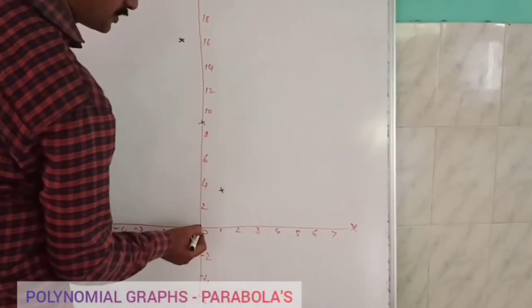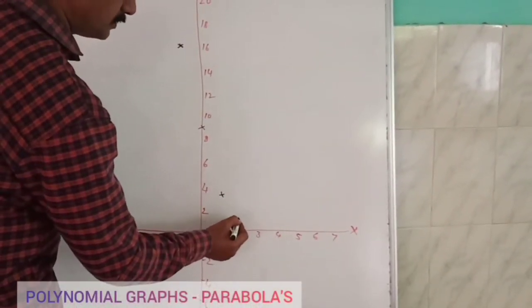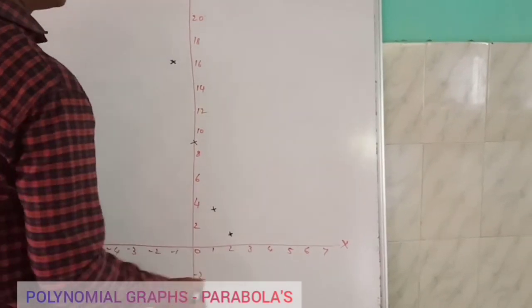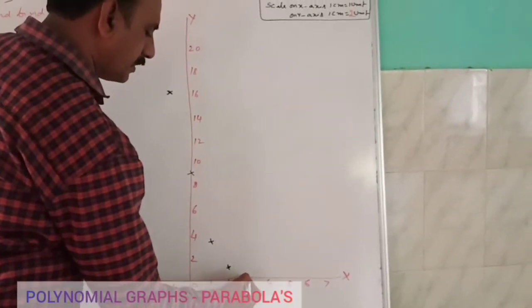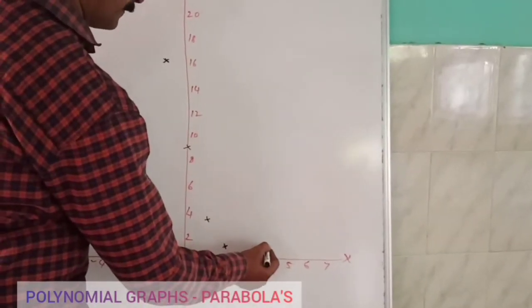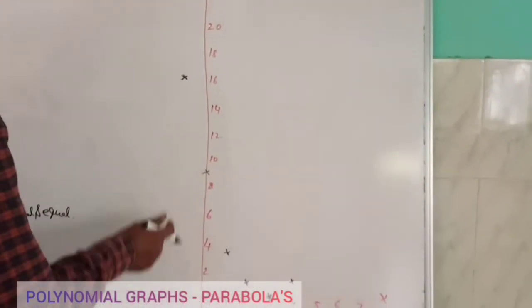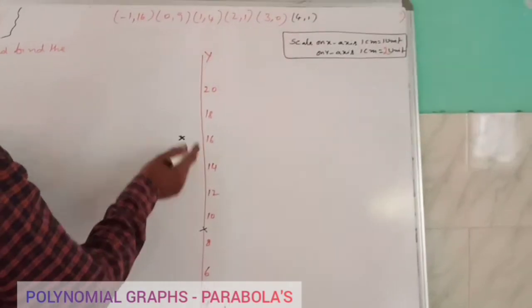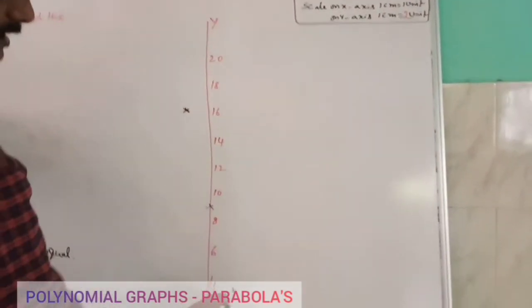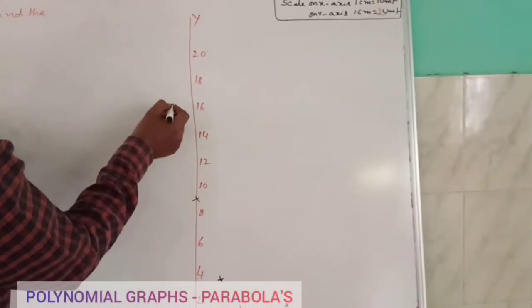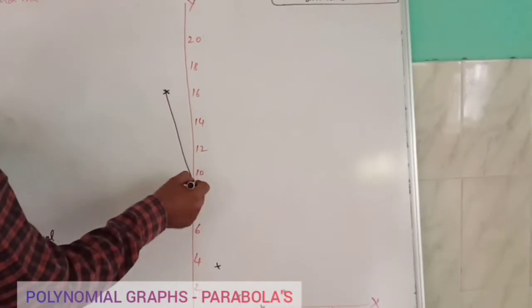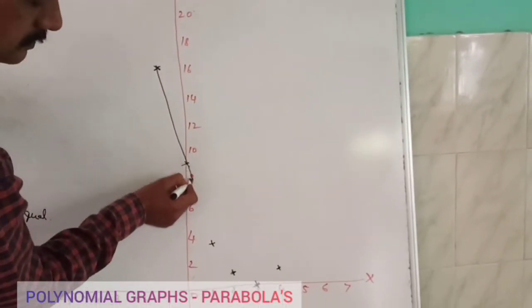Next 2 comma 1. Next 3 comma 0. Next 4 comma 1. These points are plotted on the graph sheet and joined with a smooth curve.